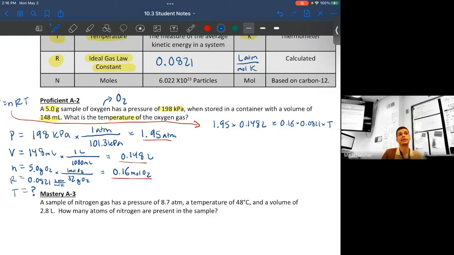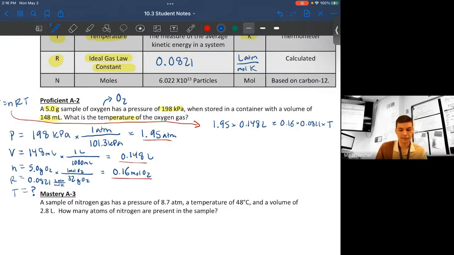We're going to solve for this unknown T, just like you'd solve for an unknown x in algebra, using our algebra skills. If you're comfortable doing this all in one step, go ahead and do that. For example, I would do 1.95 times 0.148 divided by 0.16 divided by 0.0821. That would solve it right away. But if you're not comfortable doing that, just do it step by step.